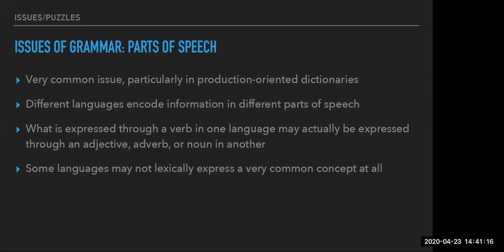These kinds of mismatches tend to be very complicated to deal with, because how do you accommodate it within the minimal space that a dictionary gives? And then of course, some languages may not even lexically express very common concepts at all. So let's take a verb like complain.